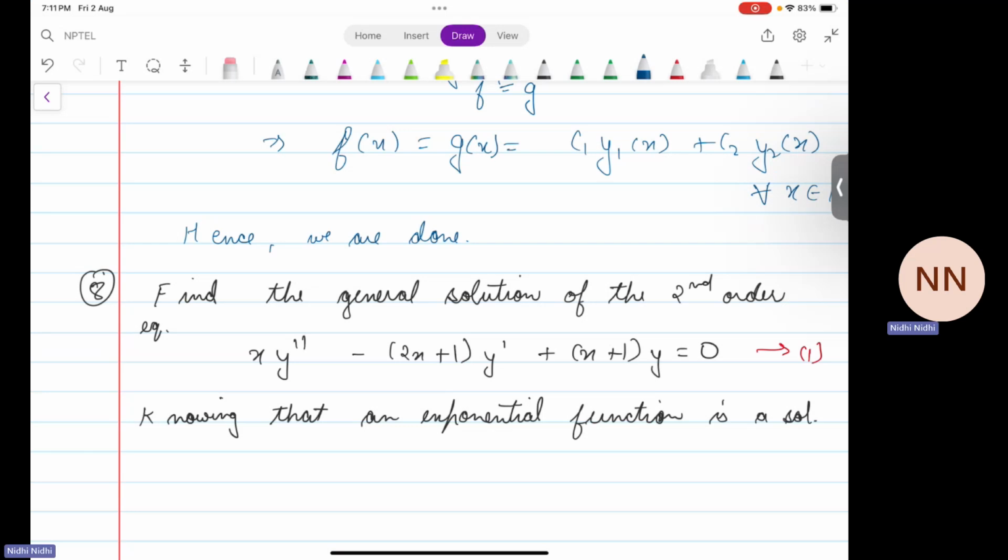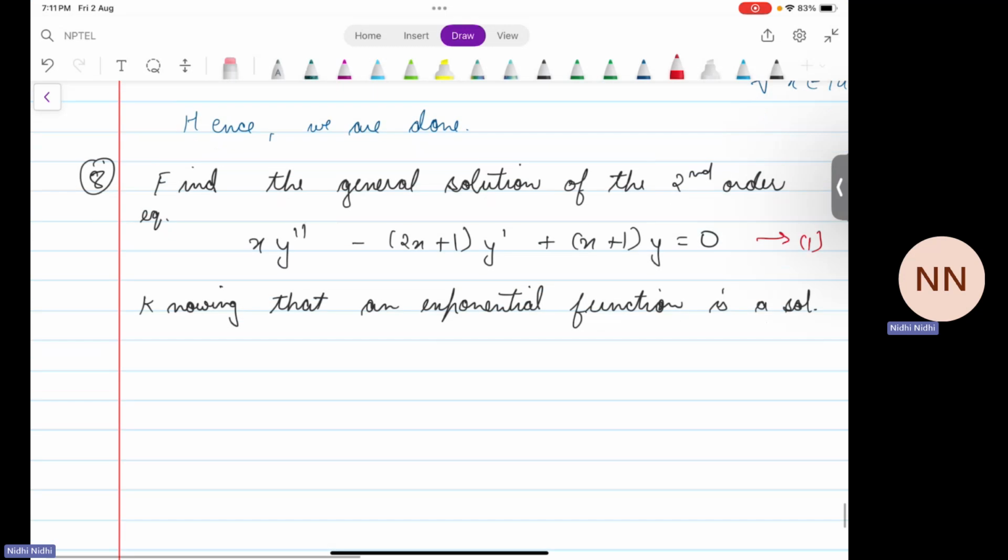Before solving this question, let me recall Abel's formula.